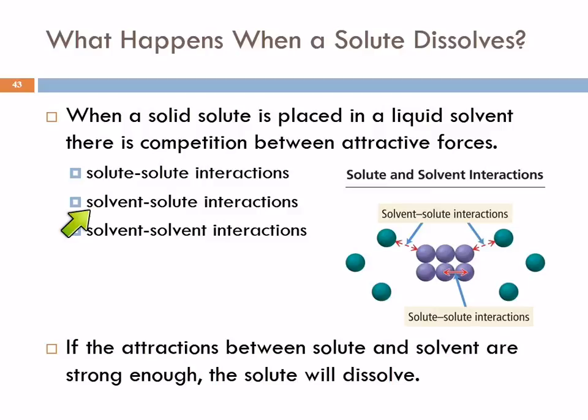We can also have solvent-solute interactions. So those are the interactions between water molecules and the salt ions. And if the attractions between the solvent and the solute are strong enough, then the solute will dissolve. It will separate into smaller pieces and make a solution, a homogeneous mixture.